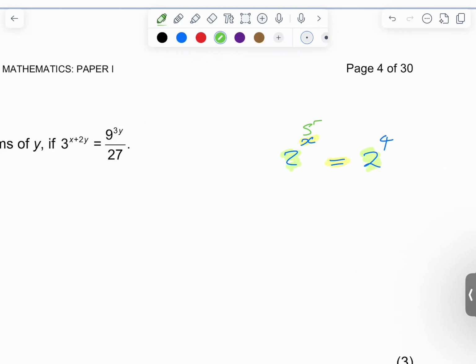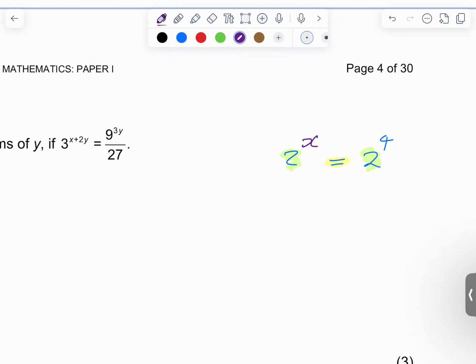So for me to get the same answer here, whatever value of x I choose can't be any other value except 4. Because if it's not 4, then these two sides will not be the same. Are we together?